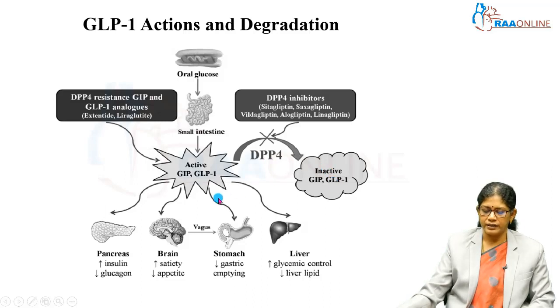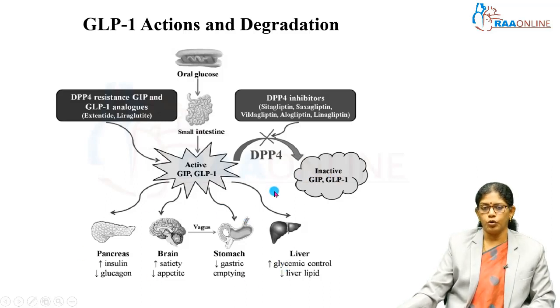If these incretins are present in our body, they have many meritorious effects. But they are digested immediately by this DPP4 enzyme into inactive forms. If they become inactive, we are missing all these positive effects.